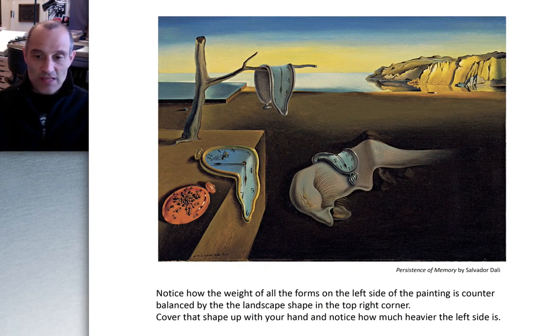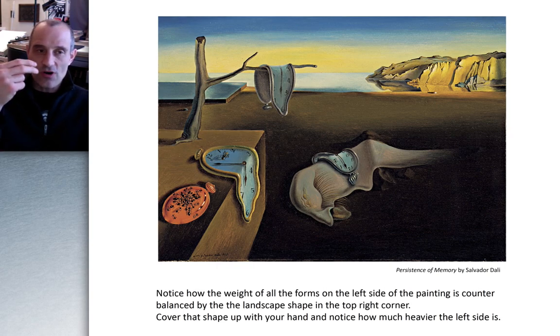Another example, this is by Salvador Dali, a pretty famous painting called The Persistence of Memory. And notice how the weight of all the forms on the left side of the painting are counterbalanced by that landscape shape on the top right corner.